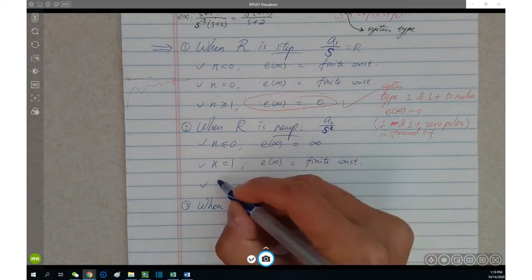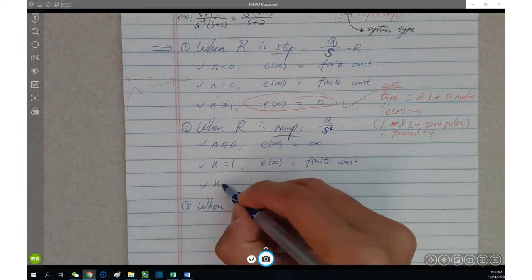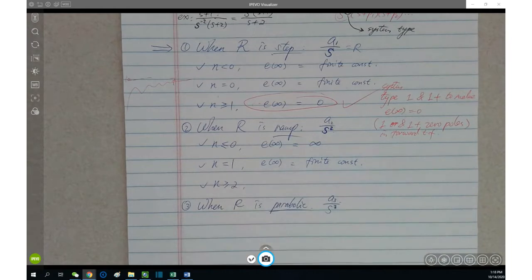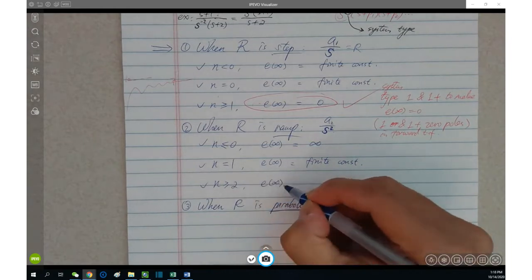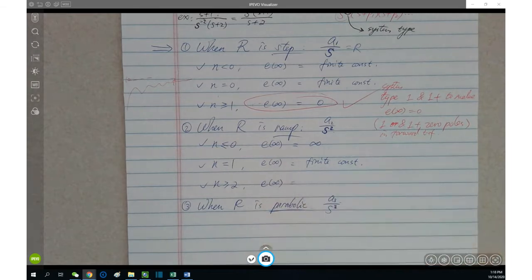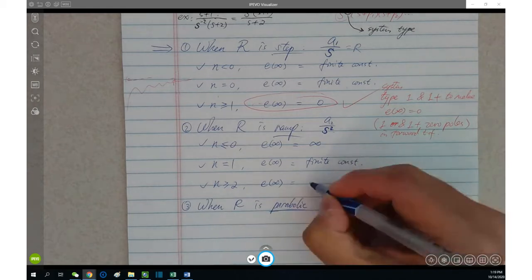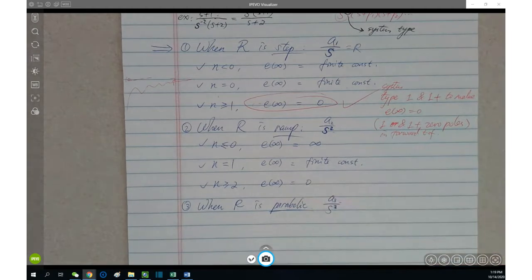And the third category is if the system type is 2 or higher, what is the steady state error going to be? Anyone can guess? Here we go. Alex is right. 0.